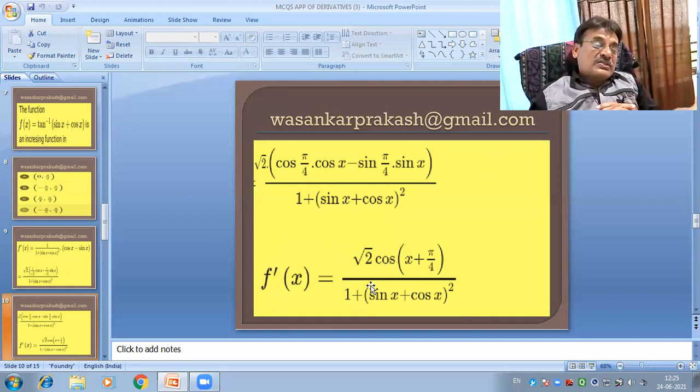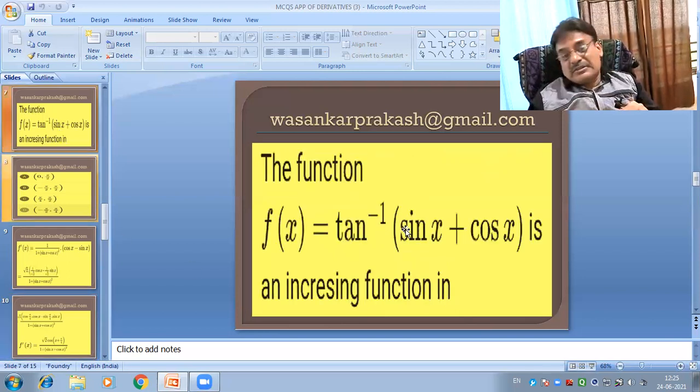And this is the first order derivative. We find the first order derivative from the given function. And this given function is increasing, therefore the first order derivative is greater than 0, that is, the first order derivative is positive here.